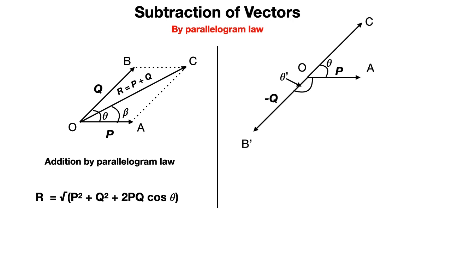Now we want P minus Q, so we will add OA and OB dash, because OA is P and this is minus Q. We complete a parallelogram with OA and OB dash as the sides, and the diagonal OC dash will give us P minus Q, both in magnitude and direction.